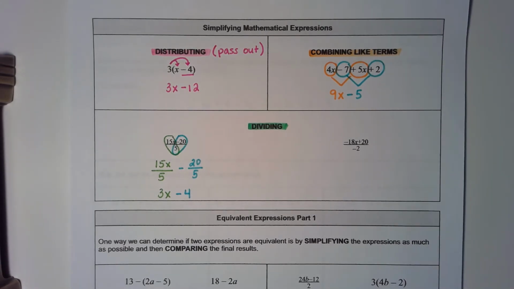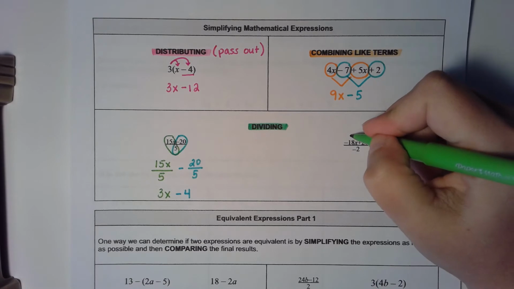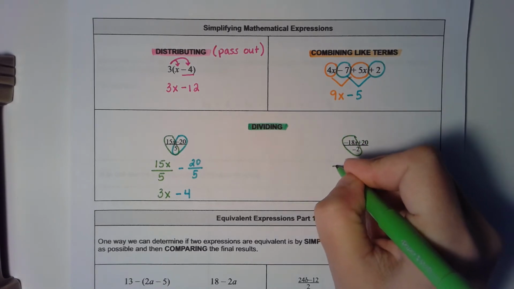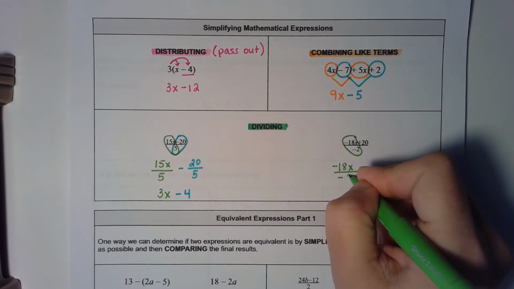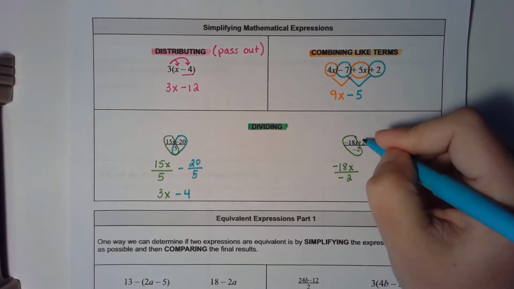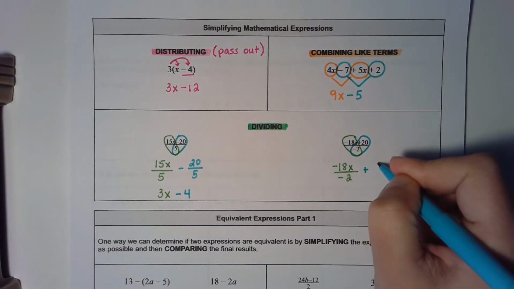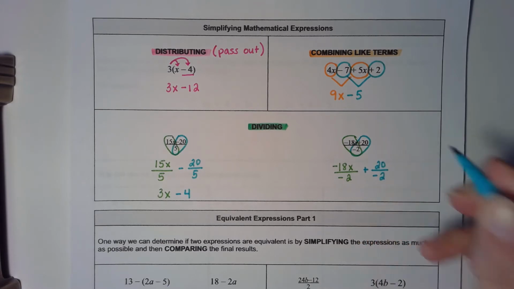Let's try that one more time because this is a new thing, so I just want to make sure we've really got it. So dividing for this next problem, if I break this up into 2 separate division problems, the first one is going to be -18x divided by -2. And the second division problem here is going to be positive, so I'm going to put a plus 20 divided by -2.